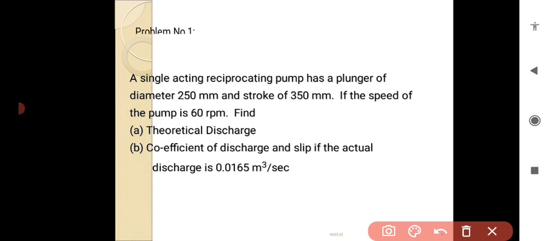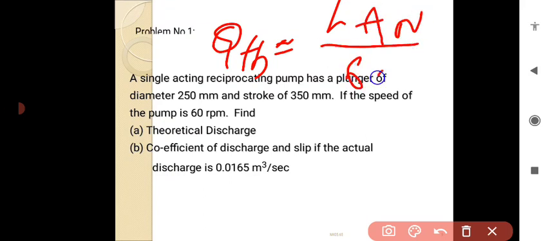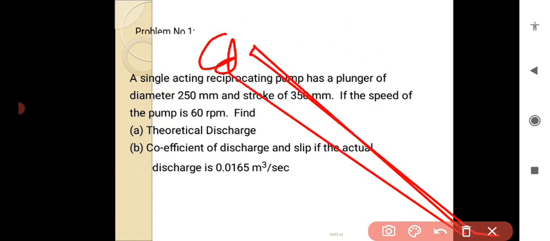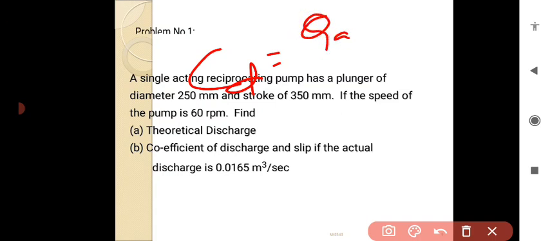We know the theoretical discharge equation: QTH is equal to LAN by 60. This is the formula to find the theoretical discharge. Coefficient of discharge is equal to actual discharge by theoretical discharge.